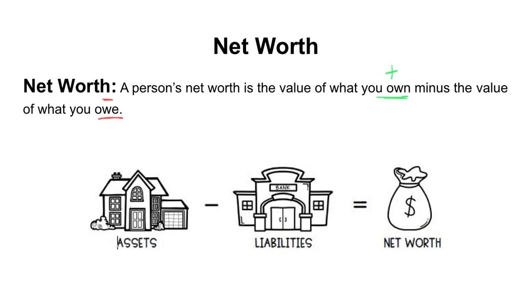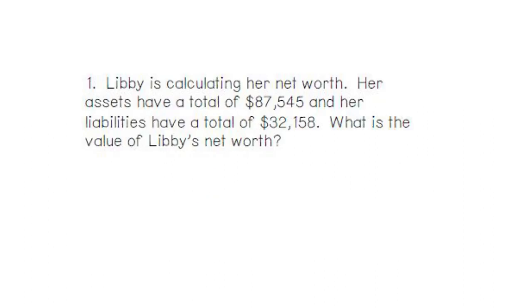Just keep that in mind. All the stuff I could sell for money minus liabilities, the cost of everything that I have to pay, is my total net worth. So net worth is everything I could sell to make money minus all the bills I have to pay. Let's look at this question dealing with net worth.